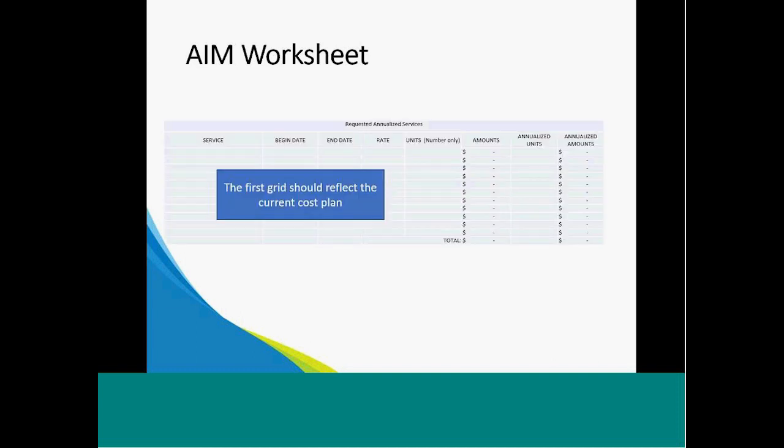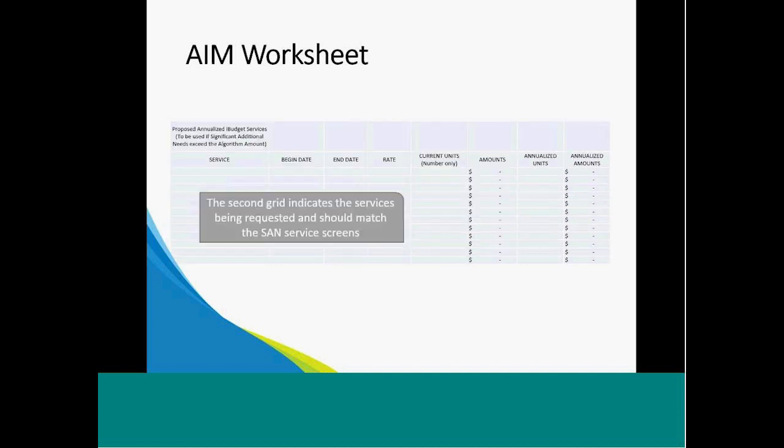And then in your grids, so there's 3 different grids. So the first grid should reflect your current cost plan. So the units that you put in this grid should be the same number of units that the individual has in their current cost plan. And then the second grid, this is what should match the SAM service grid.